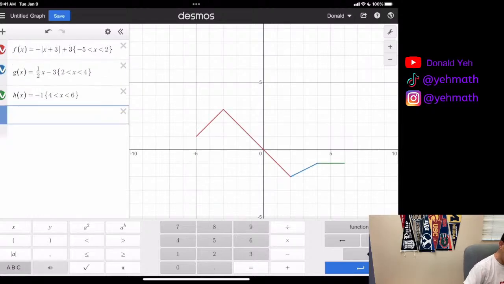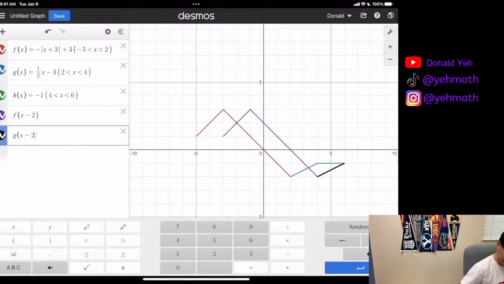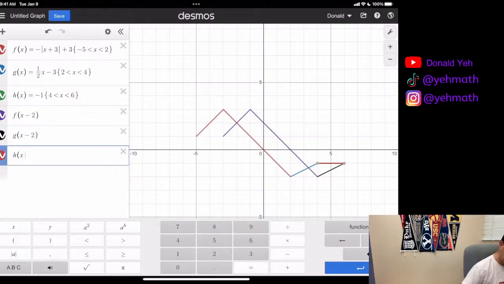You're going to do f of x -2, and you're going to do g of x -2, and you're going to do h of x -2. And you could check your graph like this. Boom. Do you see that? You can tell the function to do transformation on each individual piece.